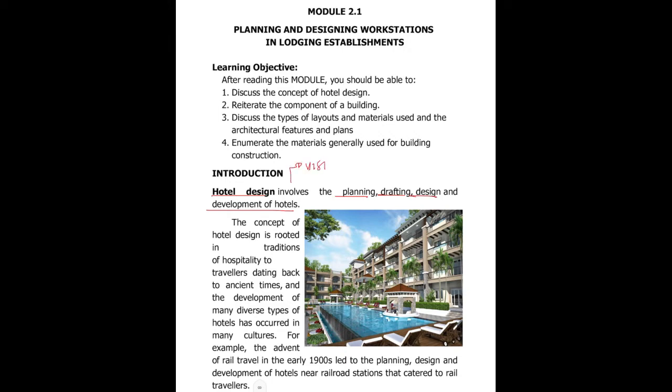visual concept, architecture, interior decoration, and of course, the aesthetic style.